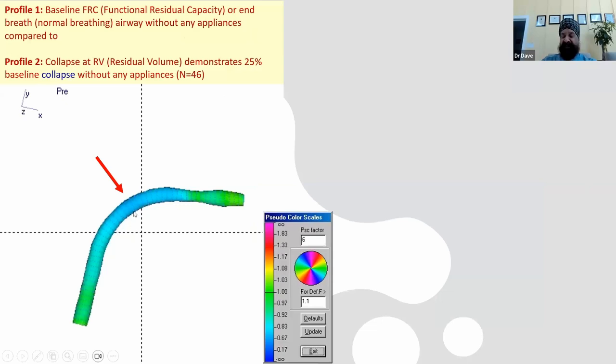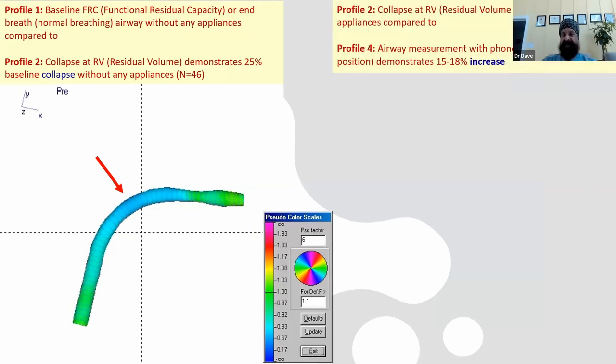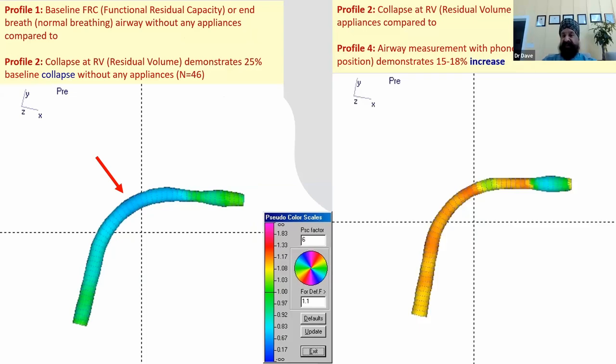We see a 25% collapse in blue here. And then when you compare the residual volume compared to the residual volume in the phonetic bite, you see a 15 to 80% increase in the caliber of the airway. And so, as well as mechanical advancement, we're wondering if this would somehow prevent the upper airway collapse.